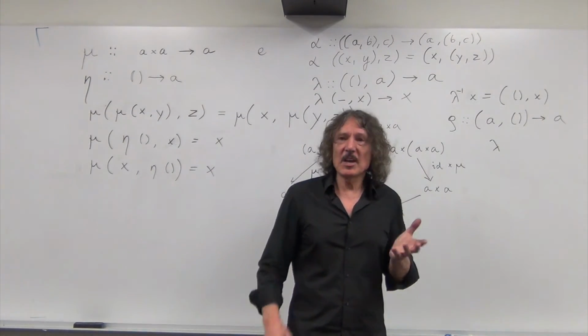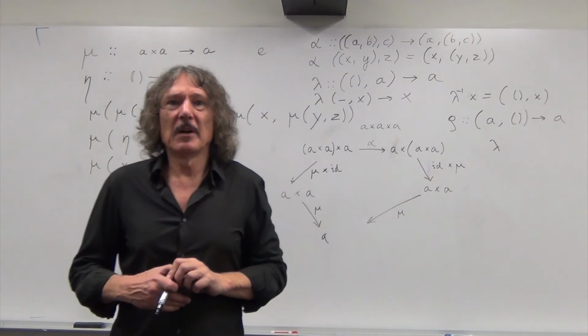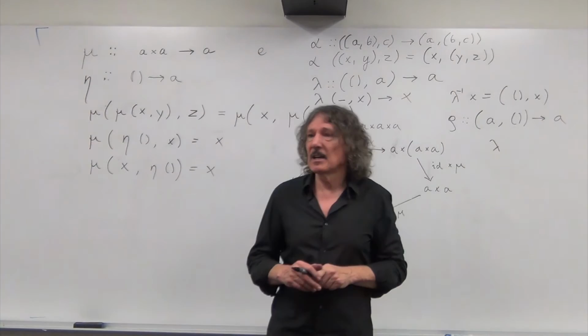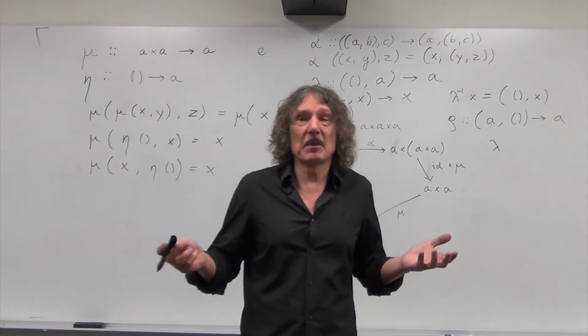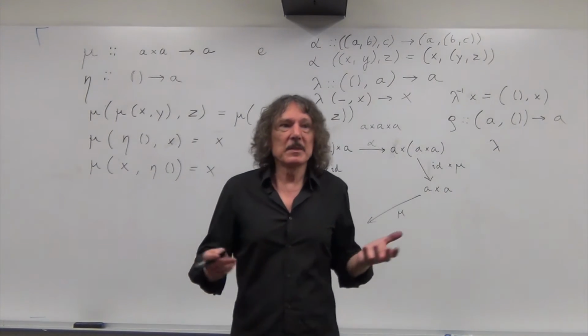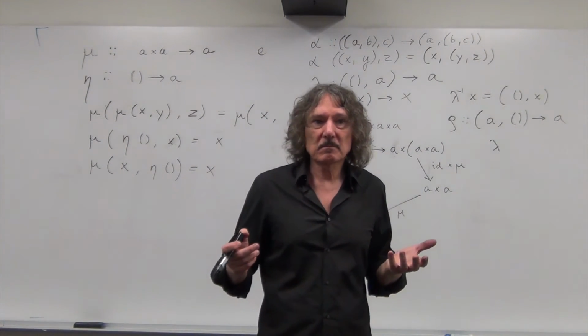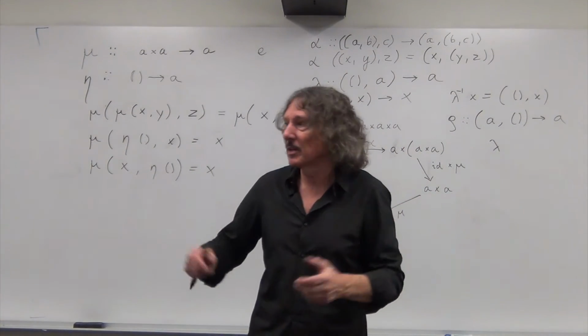So in general, we can have a monoidal category, and the only requirement is that it has a product. What can we say about this product? We only say that it's a bifunctor. It takes one object, another object, and produces a third object.